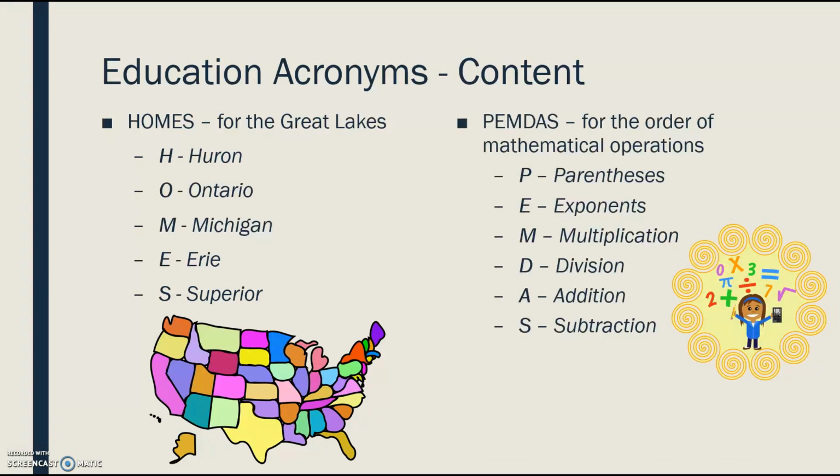Another example that I used a lot in my math classes was PEMDAS for the order of mathematical operations. PEMDAS stands for parentheses, exponents, multiplication, division, addition, subtraction. So in this example, PEMDAS is not a real word, but you can combine the letters in a way where it makes it sound like a real word, which helps your students remember it.